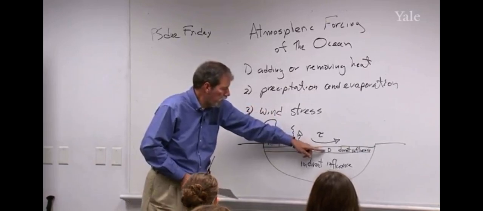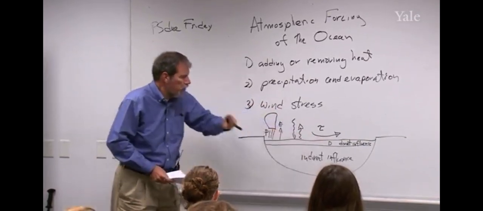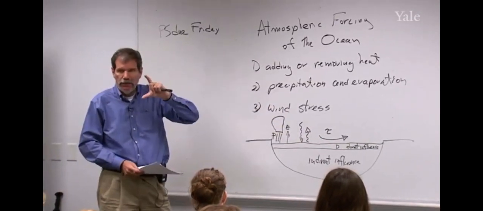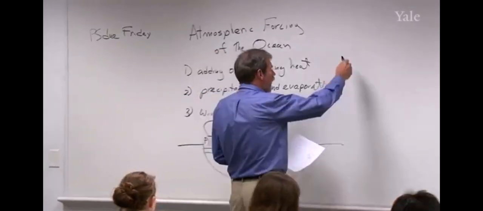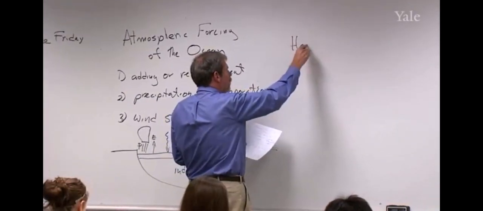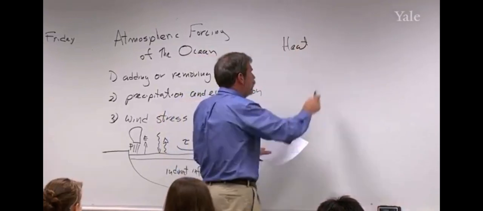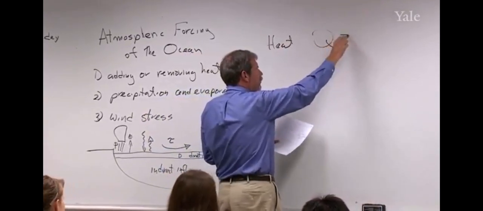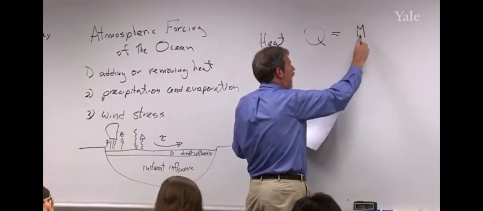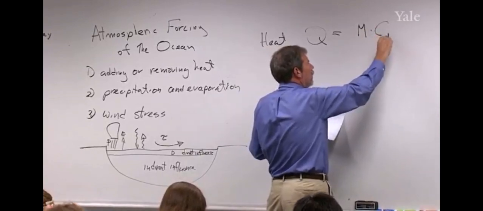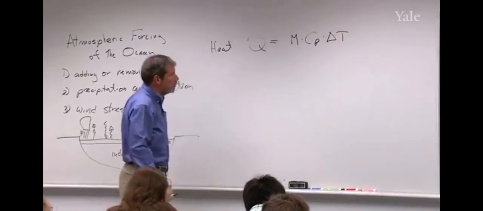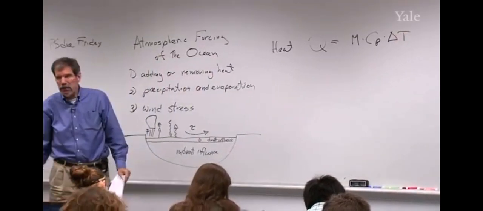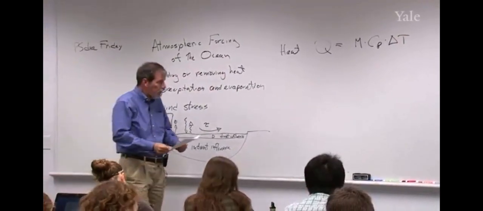My first job is to figure out what does it do to this layer that feels the influence directly. The first one will be adding heat. And you remember that if you add a certain amount of heat Q to a mass m with a heat capacity C sub p, its temperature will change by delta T. We've had that formula before.